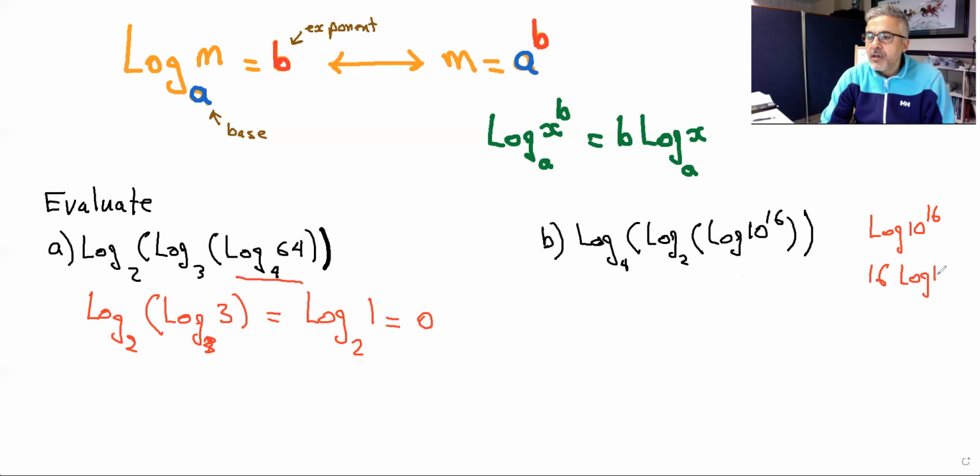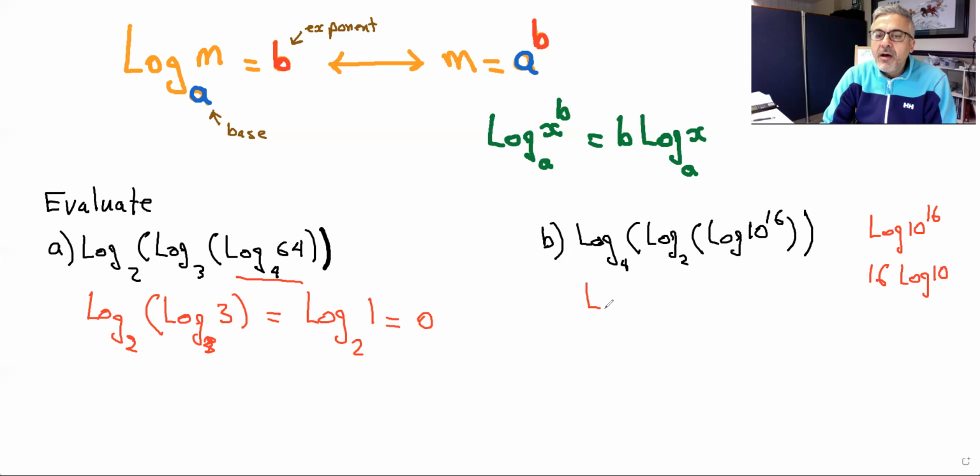And then this becomes log 10. Now, since the base of the log, if I don't write it, it's 10. So for this portion right here, it's asking you 10 to the power of what equals 10. Obviously, it's 1. So log 10 equals 1 is maybe something you should remember, that log 10 is always 1. 1 times 16 is 16. So all of this just becomes 16.